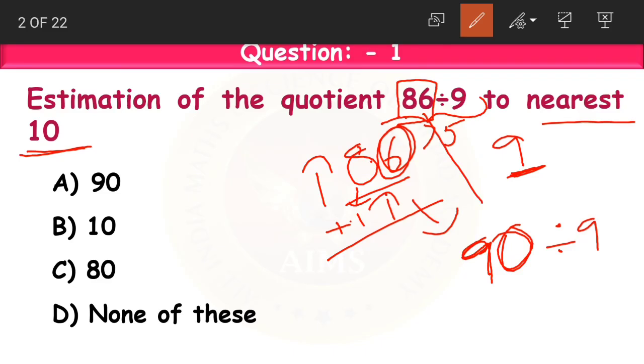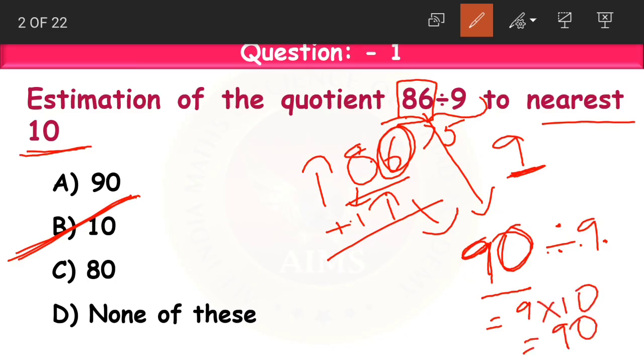Now first we have estimated 86, we got 90. Now 90 divided by 9 becomes what? What will be the quotient of it? 10. Option B 10. Yes, because 9 tens are 90. So don't get confused and take option A 90.